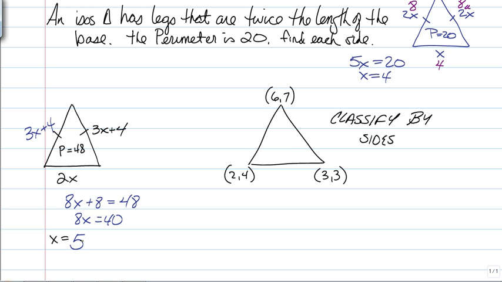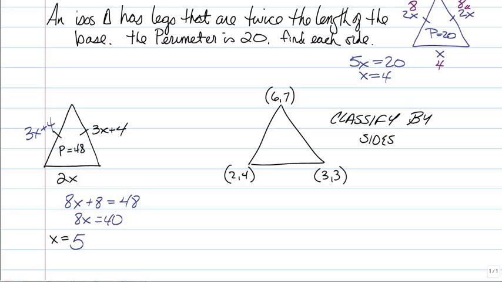Now this last one, it says classify by its sides. If you are really, really slick, you can do this without finding the length of every single side. However, classifying by its sides means we need to know the length of all three of them.